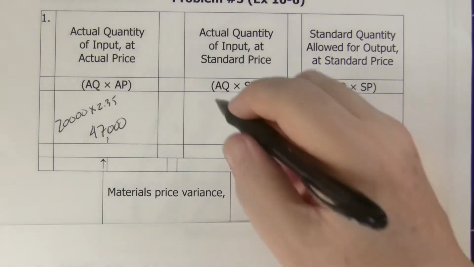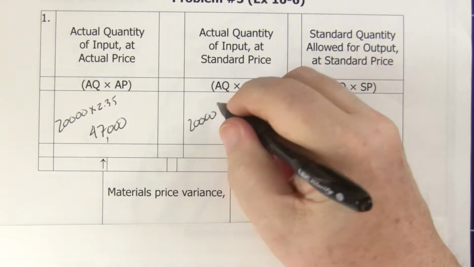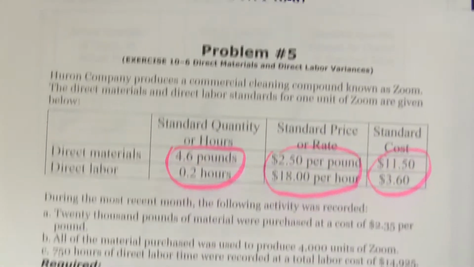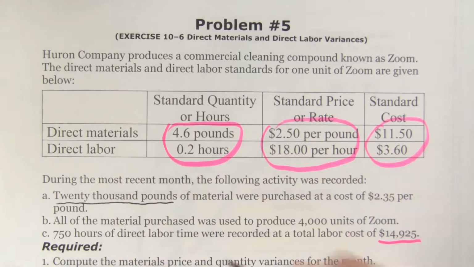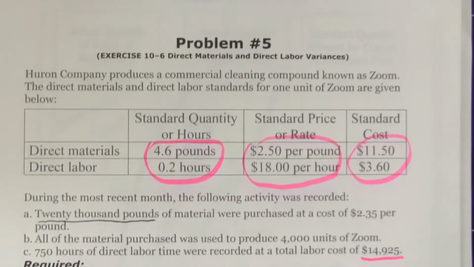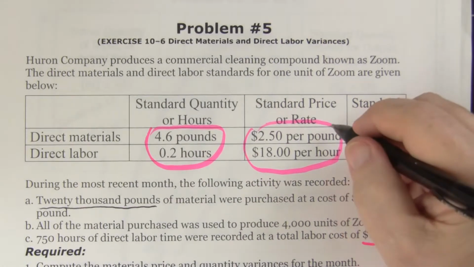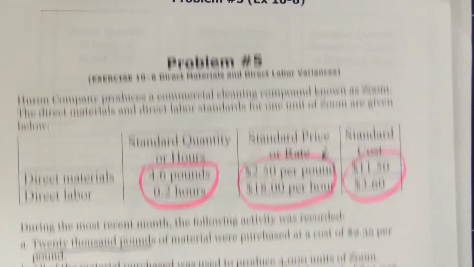Now the actual quantity they gave us, 20,000. But now we need the standard price, $2.50 per pound.